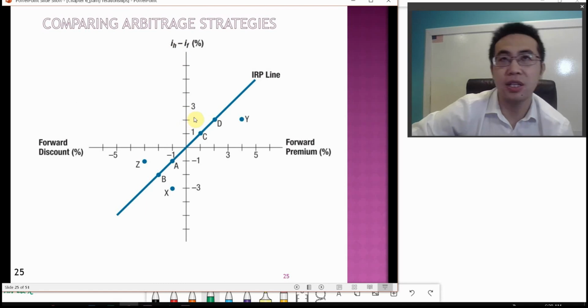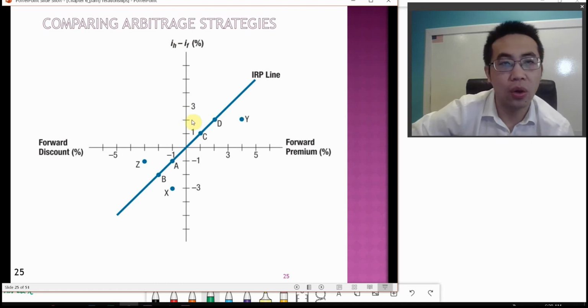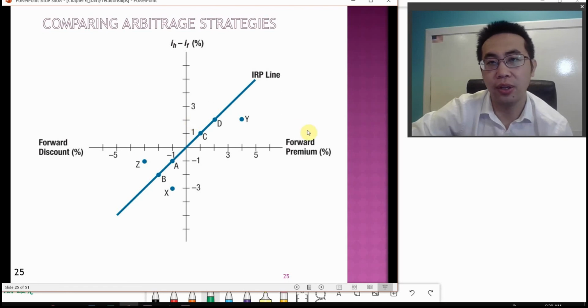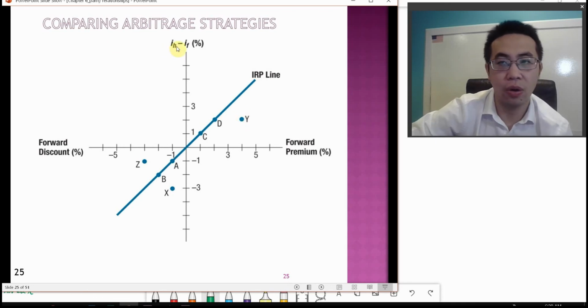That basically means the home money will go overseas seeking a higher return from the forward premium and also higher interest from the foreign country. If that's the case, the capital will keep flowing until it affects the four rates, the spot, forward, interest in the home, and interest in the foreign country, and eventually it will push point Y back to equilibrium.